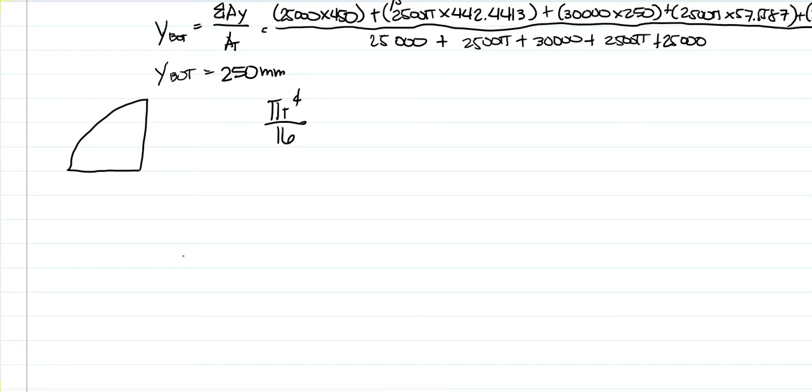That is along the x-axis, which is here. So we need to transfer it to the centroidal axis. That means we will use the transfer formula, I x equals I bar x plus A d squared.